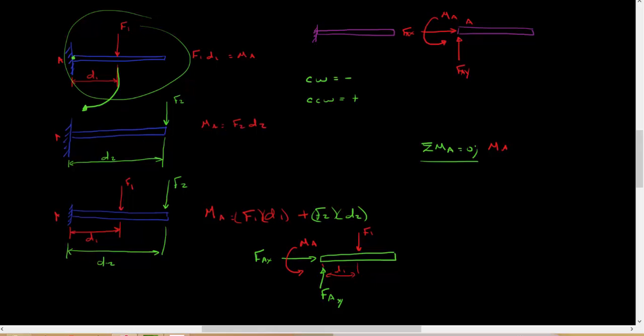Since force AY and force AX go into this point, and there's no perpendicular distance, those would be 0. I don't need to worry about anything that goes into a point or its line of action. Then I could say minus force 1 times distance 1 is all equal to 0. Since this is going clockwise, that's negative, and my moment I am showing counterclockwise, which would be positive.